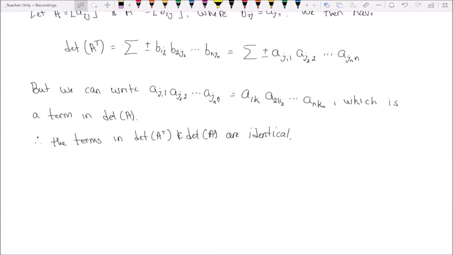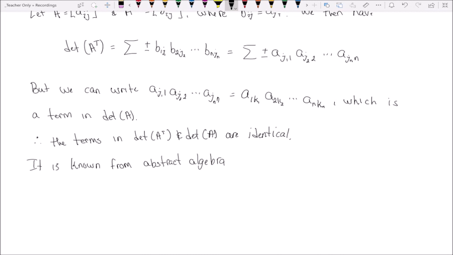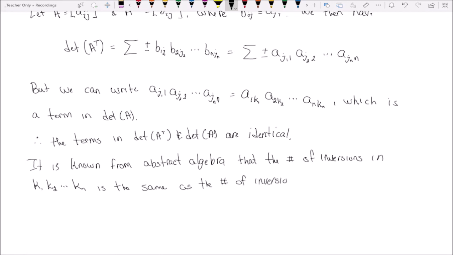So it is known from the study of abstract algebra that the number of inversions in the permutation k1, k2, kn is the same as the number of inversions in the permutation j1, j2 through jn.